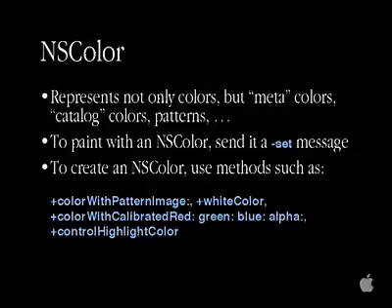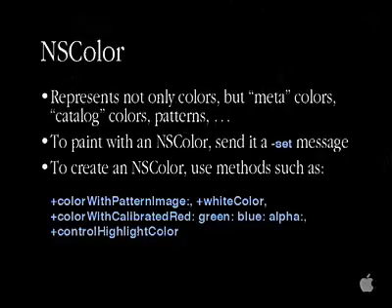And to create a color, there's lots of ways to get them. You can get them from a color well, as I just did, or programmatically. You can set an image as a color so that when you paint, that image shows through in the areas you're painting. There are a lot of named colors that are defined in the headers, such as white color, red color, blue color, and so on. And color with calibrated red, green, blue, and alpha. Let me just mention the word calibrated means it goes through ColorSync.